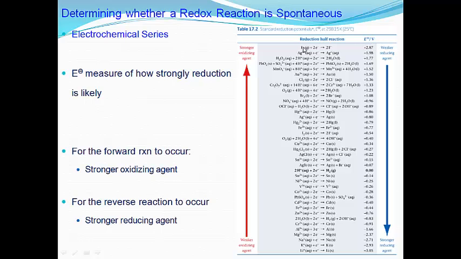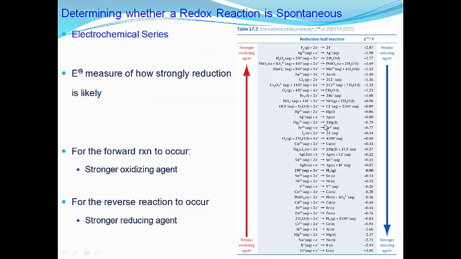It tells us that this reduction reaction is likely to occur. And therefore, the species in the forward reaction, that is, the species on the left side of the reaction, are regarded as a strong oxidizing agent because they are likely to become reduced.